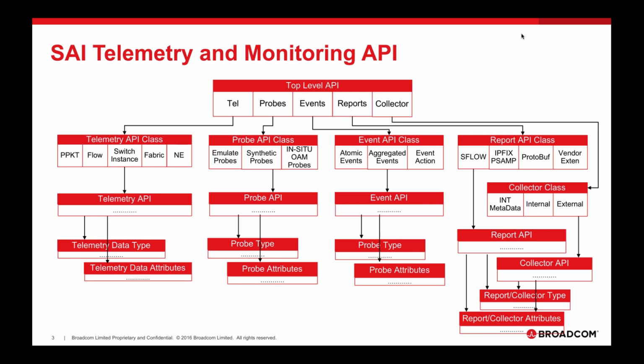But as I understand, S-flow is a way of sampling the flow in a statistical way, how does it connect to the queue information?